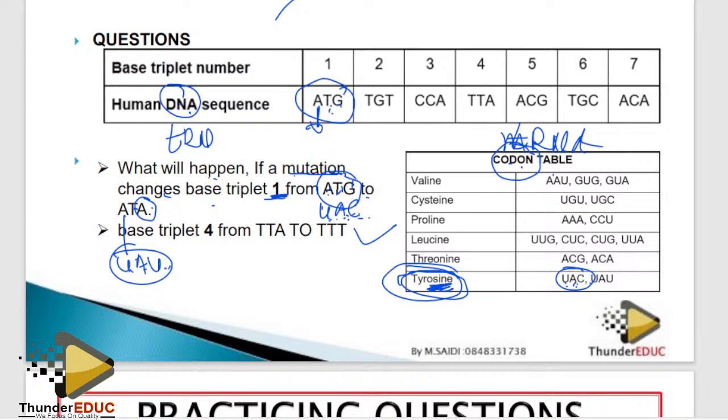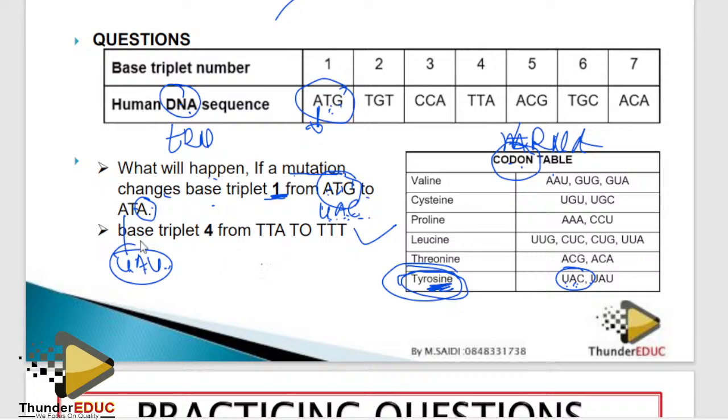I can call you Lerato, or I can call you by the other name, and you say yes, sir. When I call you with another name, you also say yes, sir. So it means that they are coding for the same amino acid, however much the codes are different. Is it clear there?